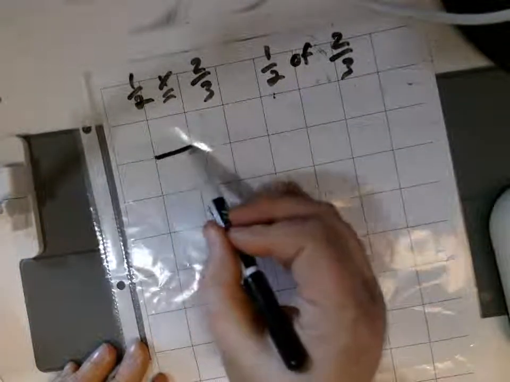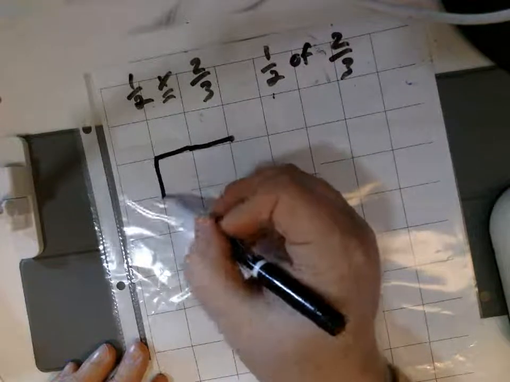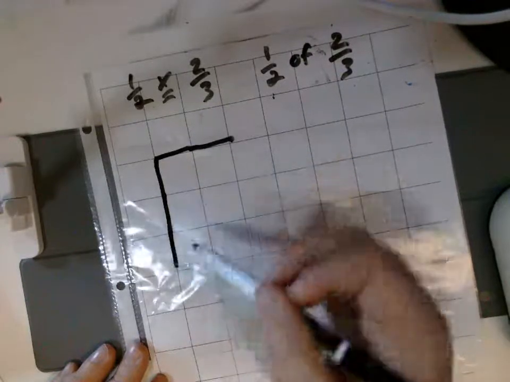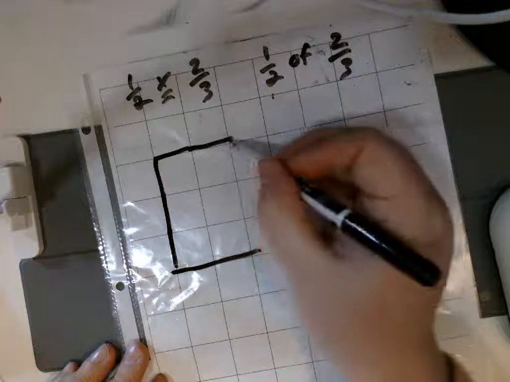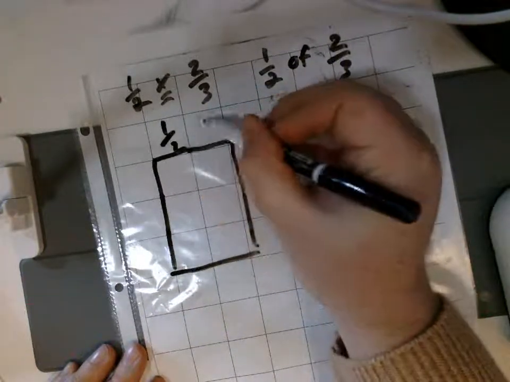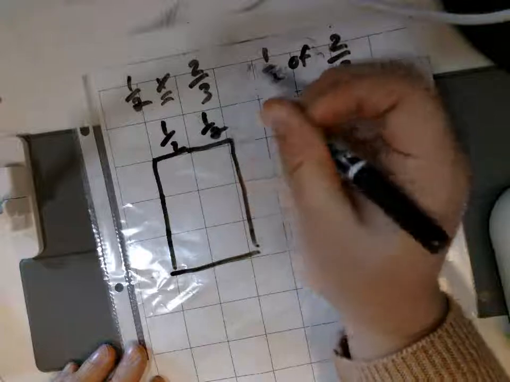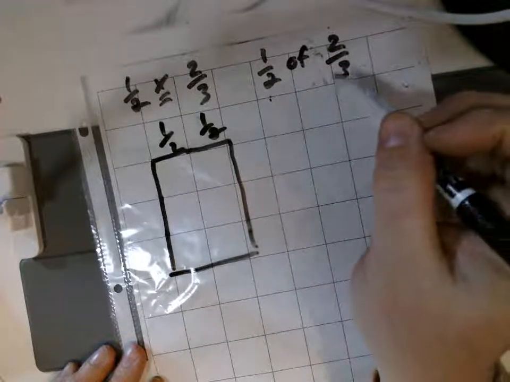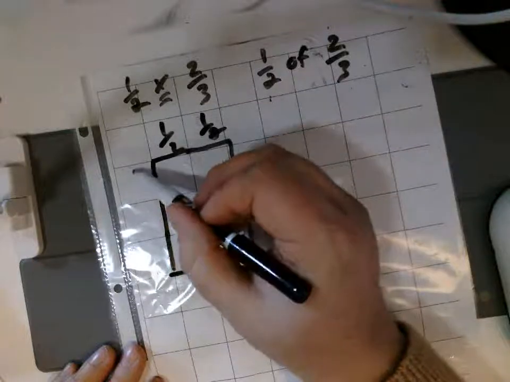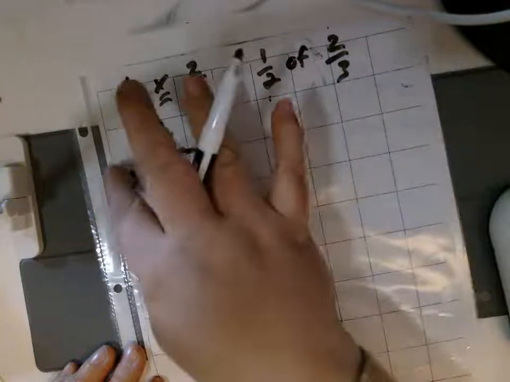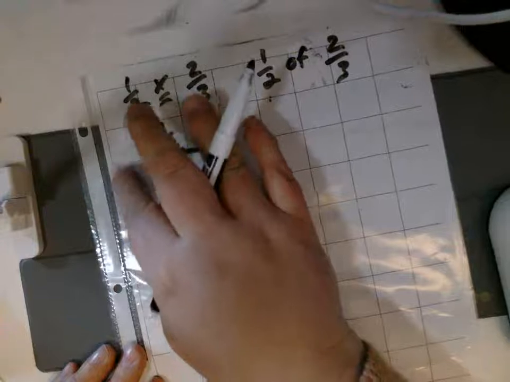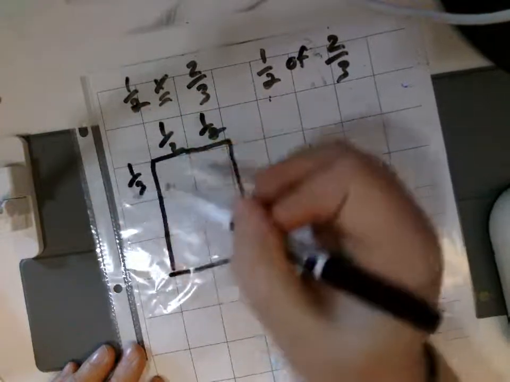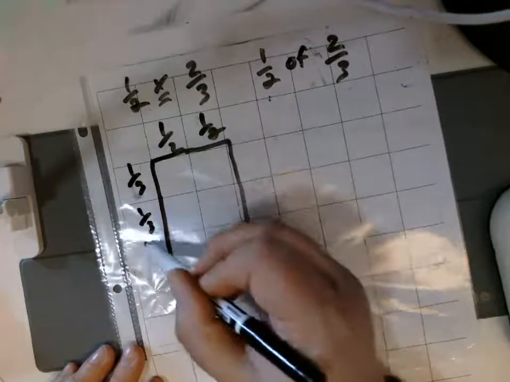We have 2 by 3. There is our whole. And we know this is 1/2 and 1/2, and this is 1/3, 1/3, 1/3.